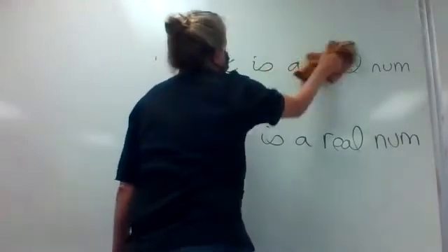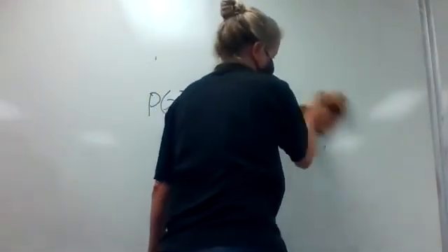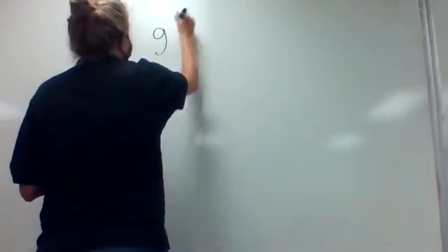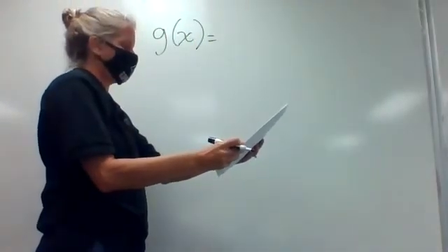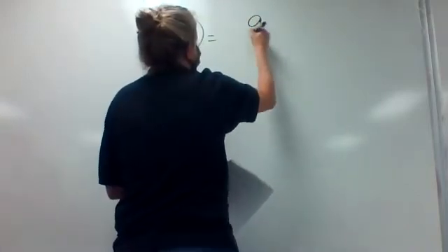Right, number 6. G of x equals 9 over 6 minus 5x.